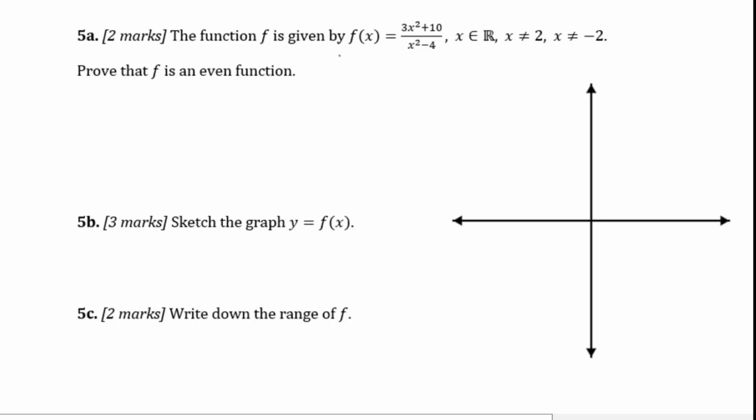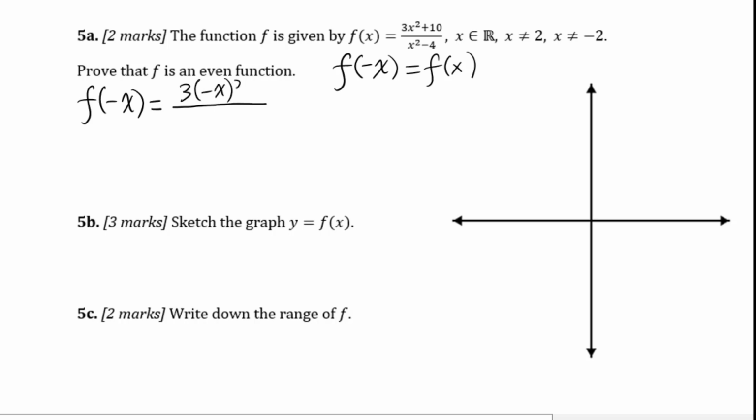For an even function, we do know f of negative x equals f of x. So f of negative x equals, every single x we will turn into negative x: 3 times negative x squared plus 10 over negative x squared minus 4.